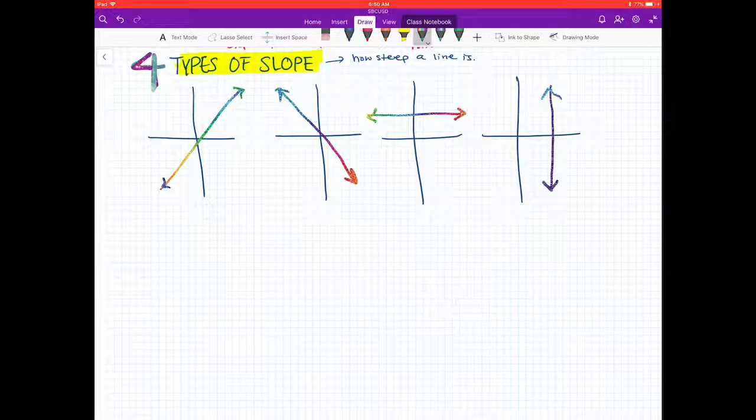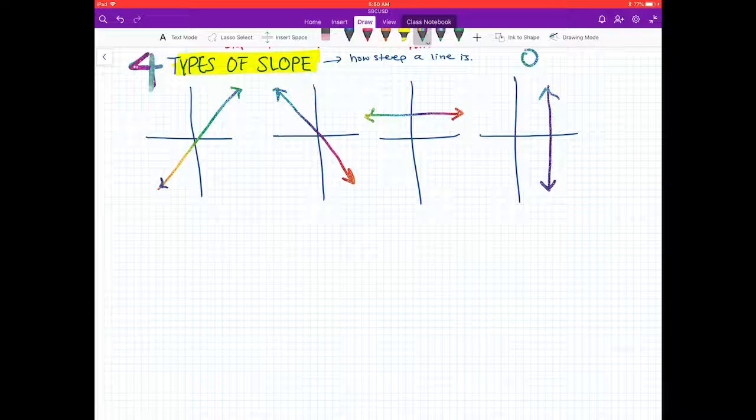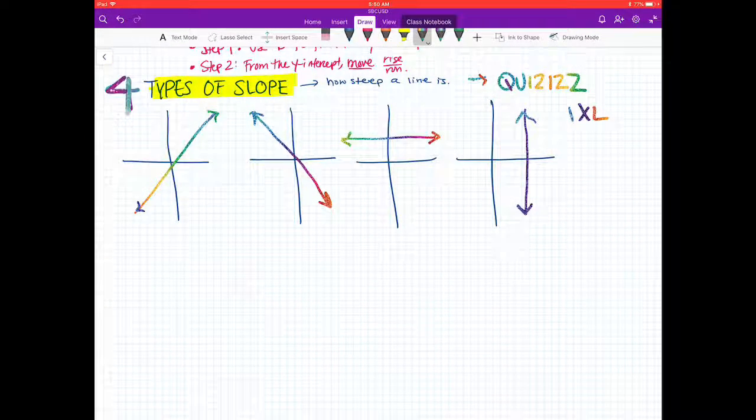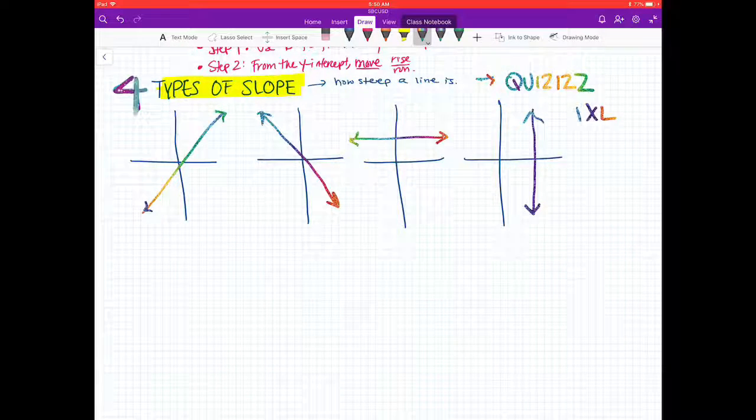Remember, you're going to need this information for your quizzes. I think there might be an IXL too that has this. So please make sure that you use these notes for your quizzes. Okay? So, what kind of slopes are these? Well, think about it.